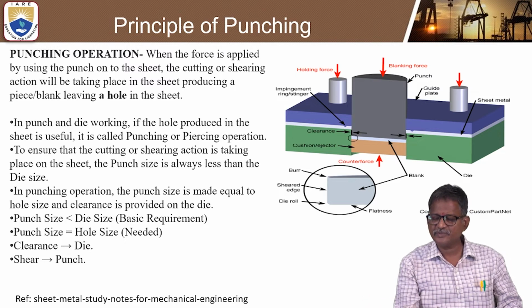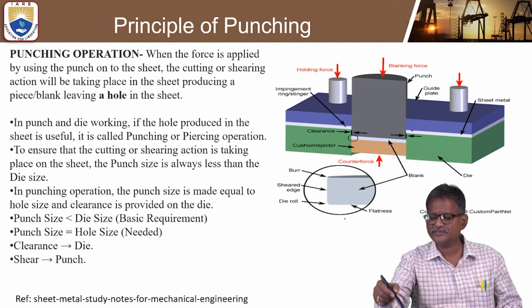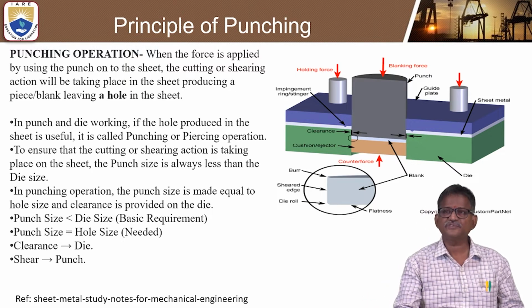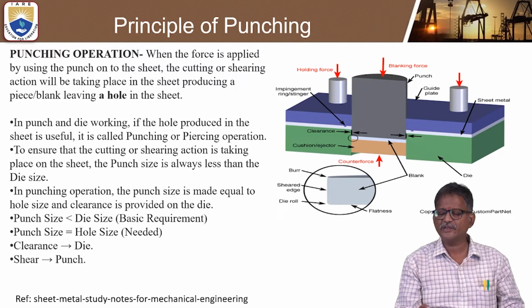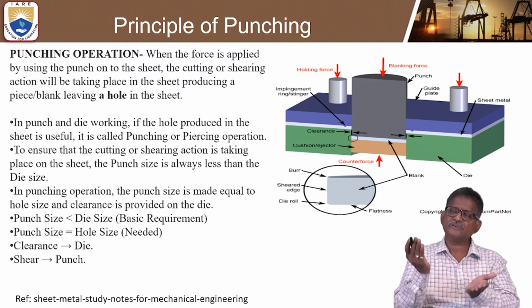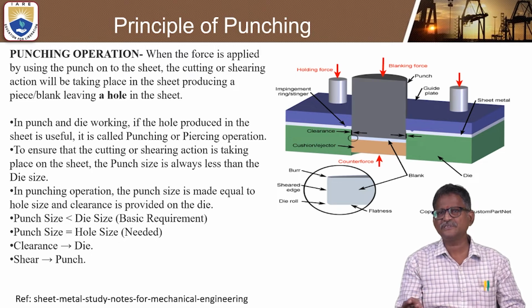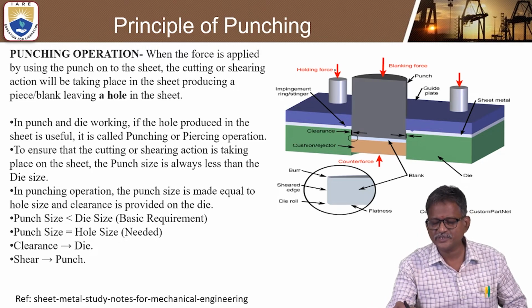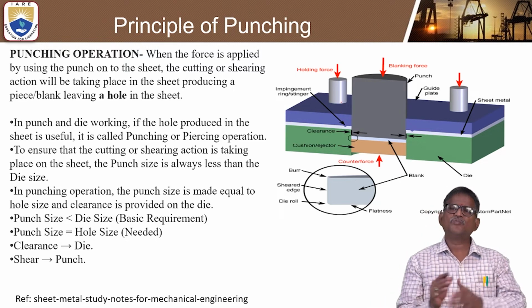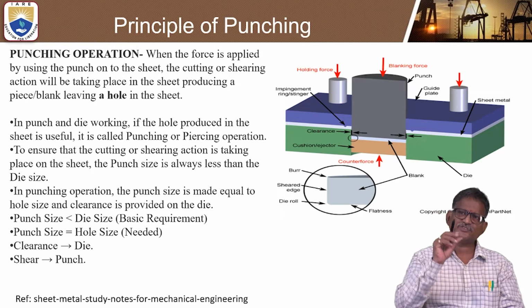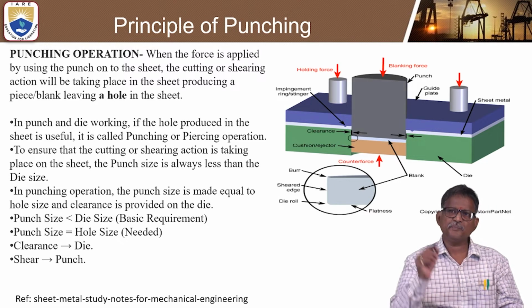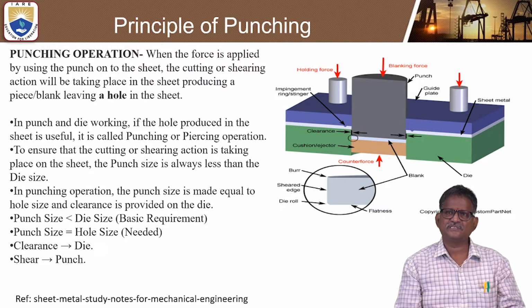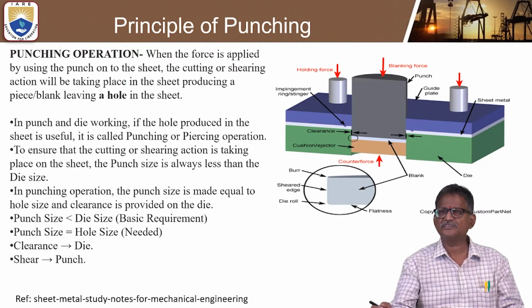When you want to make this blanked part, you should apply some blanking force. There will be a guide plate to support it so it cannot move due to disturbances, and you can also put some holding forces at both sides to have good support. This is called the sheet metal.